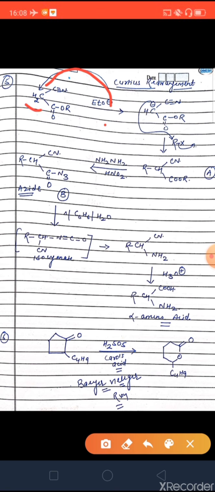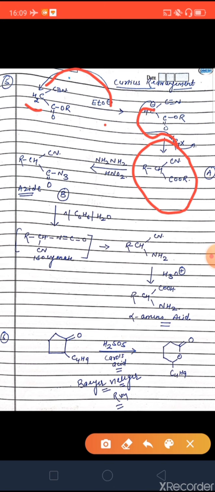When this acidic hydrogen has been eliminated, a carbanion will be formed, and this carbanion reacts with the alkyl halide R-X, a substitution reaction will happen, and there is formation of this particular product as A.